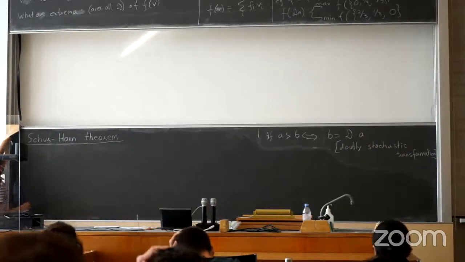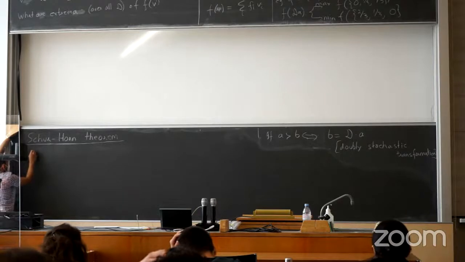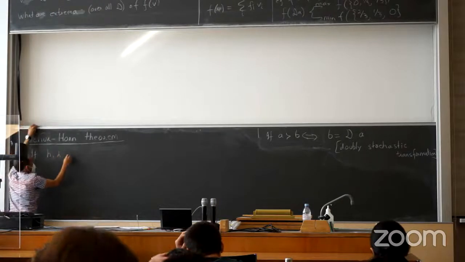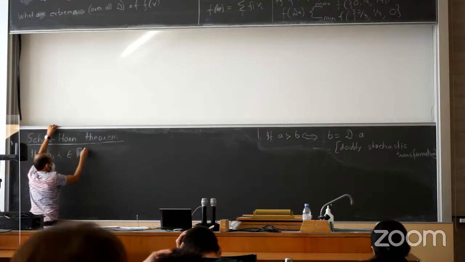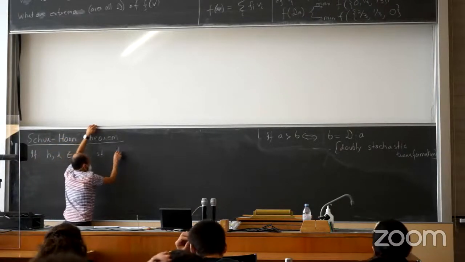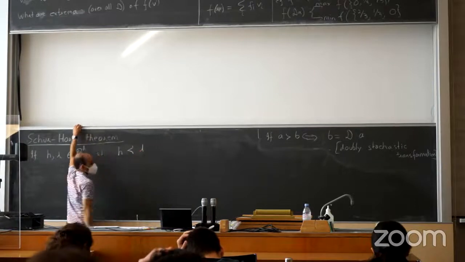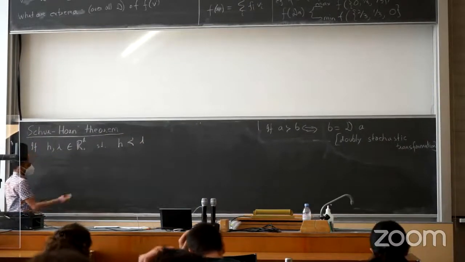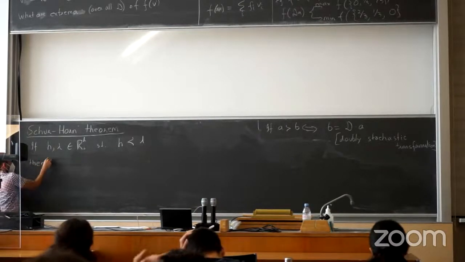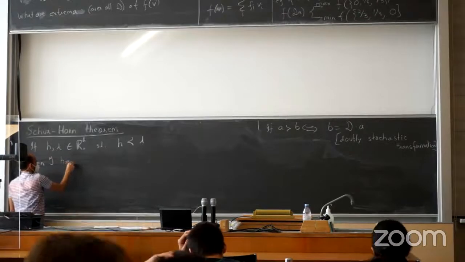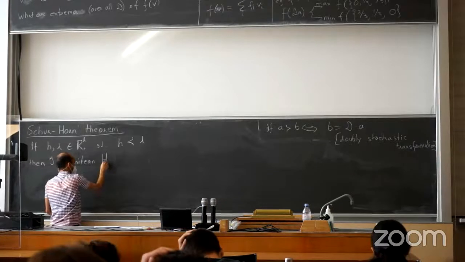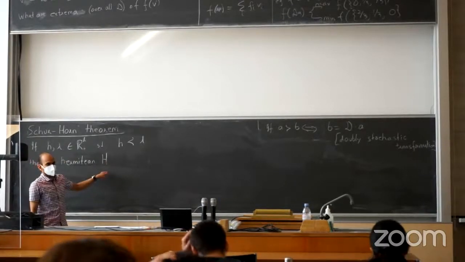So if h and lambda belonging to R_+^d are such that h is majorized by lambda, then there exists a Hermitian matrix, capital H. This is the first time I am now using H for something else.